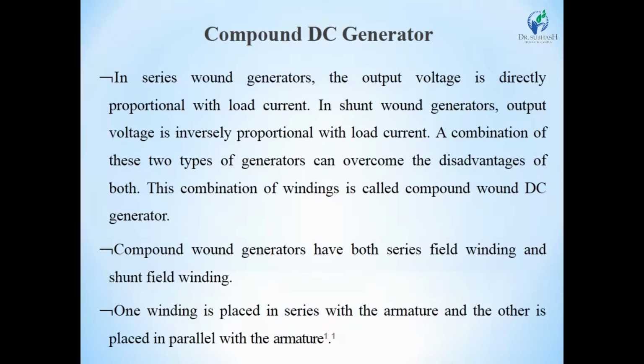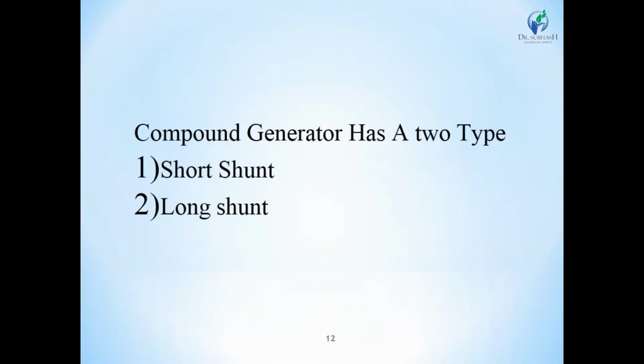One of them is connected in series with the armature whereas the other is connected in parallel with the armature. They are shown in the next slide. So there are two types of compound generator: long shunt compound DC generator and short shunt compound DC generator.